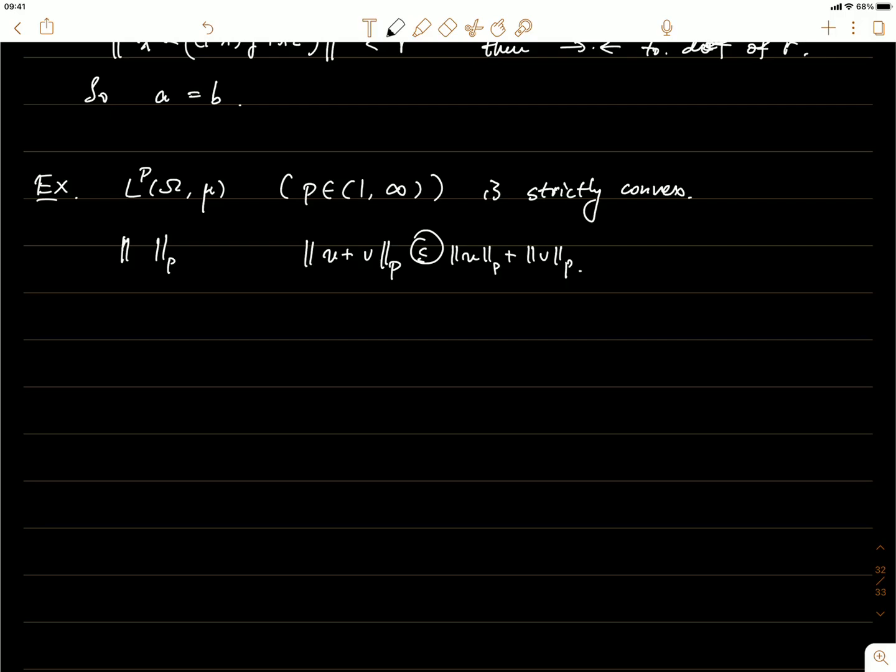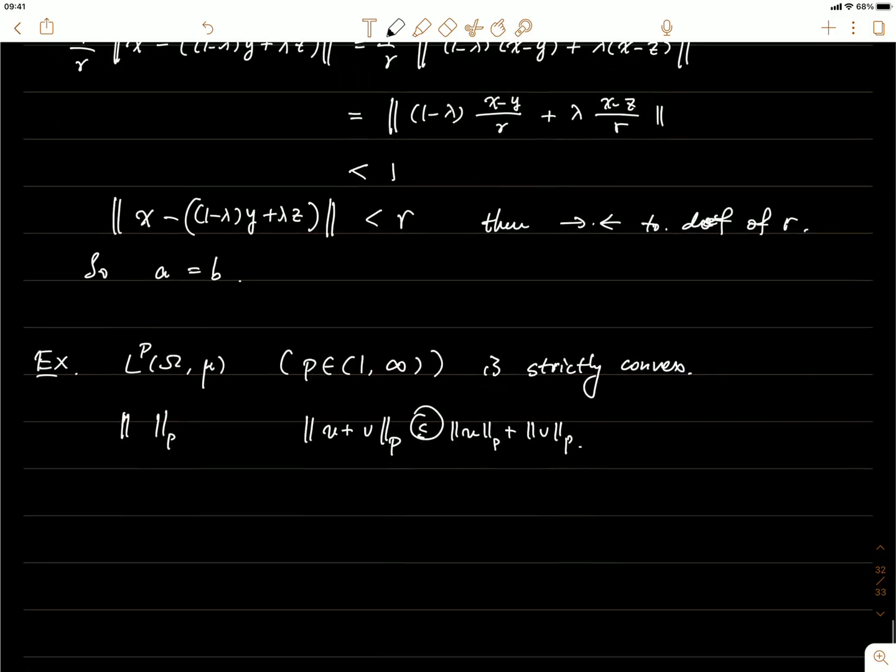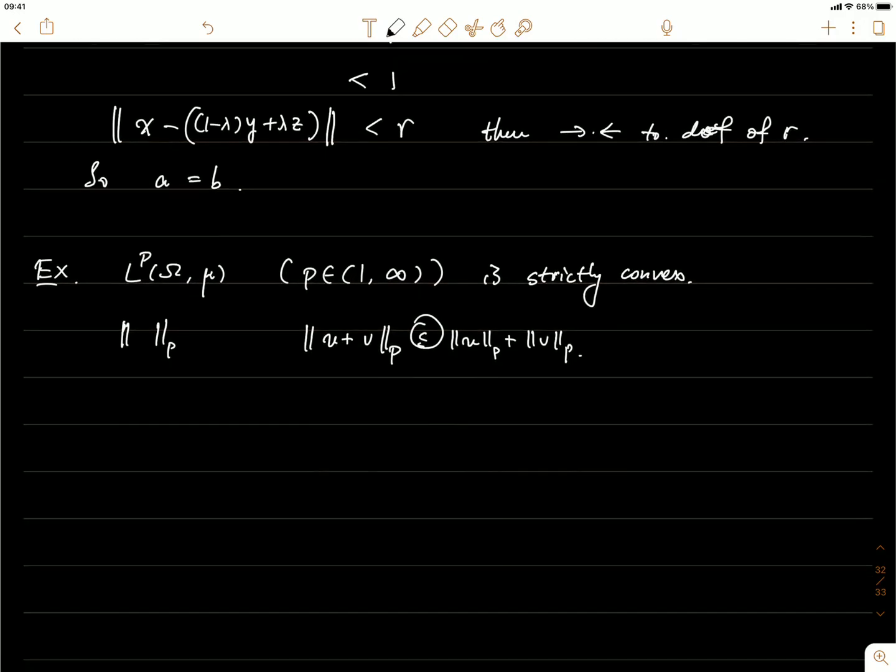But we're more concerned about strict convexity, so we'll consider the case where U and V are both non-zero. When we make a convex combination, I want to show that this is actually less than 1 for lambda between 0 and 1. If one of them is 0, then there's nothing to do there.